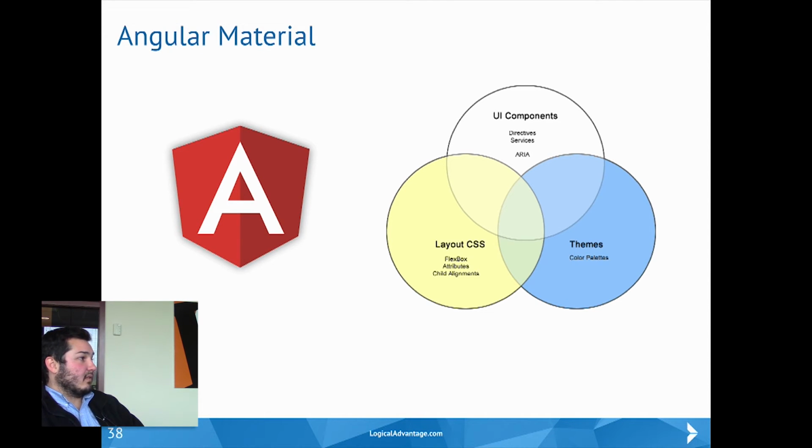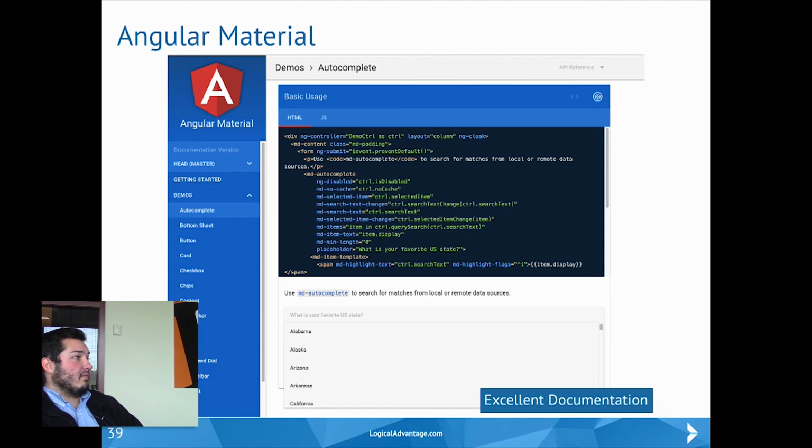It has layout CSS, kind of like Bootstrap, has child alignments, and it also allows you to theme things. The documentation is great. Every single component that they have has a really good example, and it gives you all the code that they use to create it.